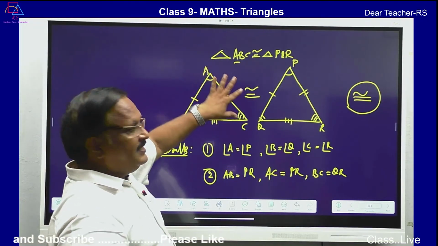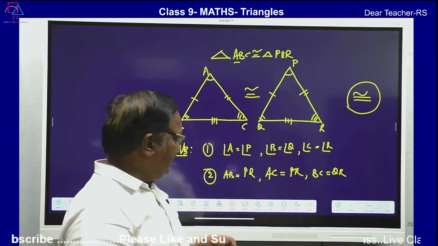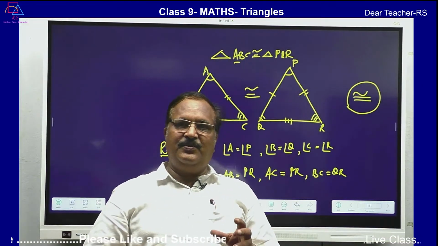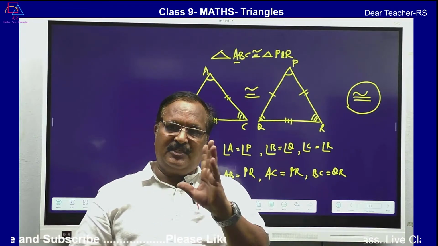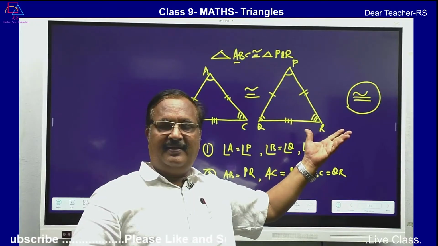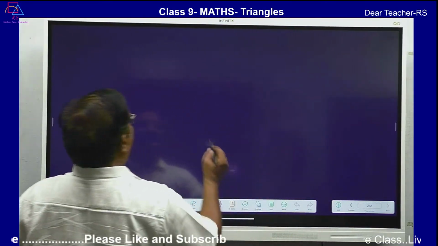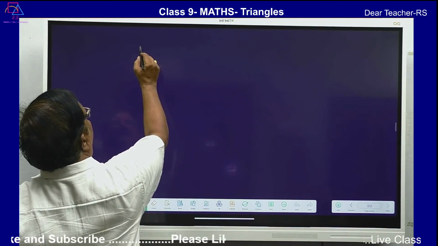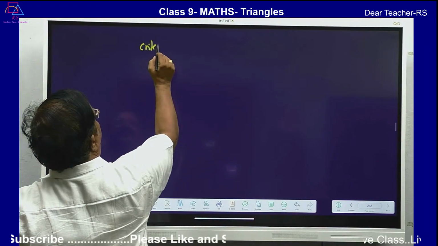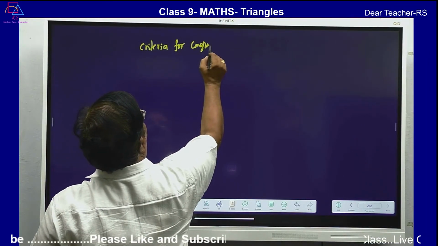So this is about triangle congruency, but there are a total of 6 parts. It is very difficult to check all 6 parts of one triangle against all 6 parts of another triangle. That is why we have been given criteria for congruency of triangles. Criteria is nothing but a rule.